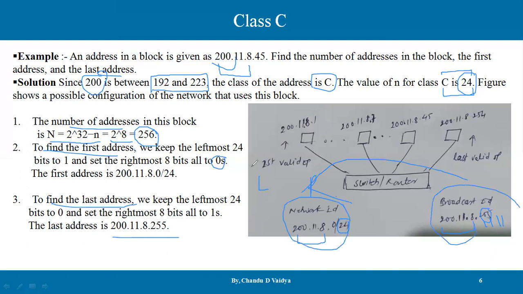The first valid IP address will be 200.11.8.1, and the changes run from 1 to 255. This is the only mechanism available with us, guys.